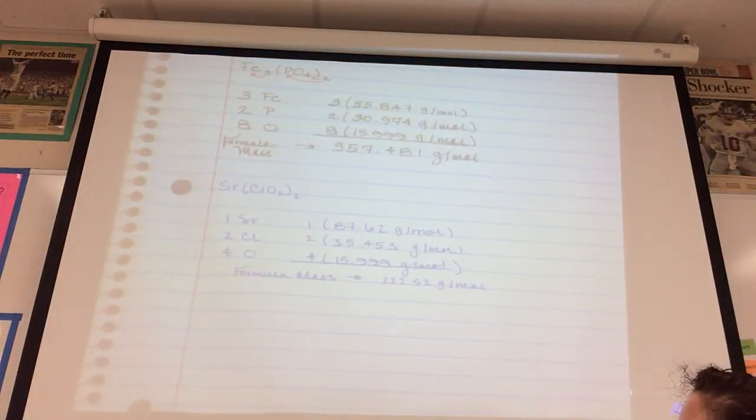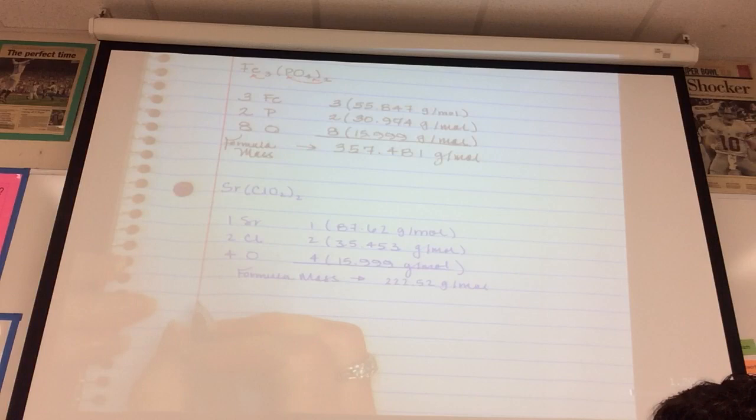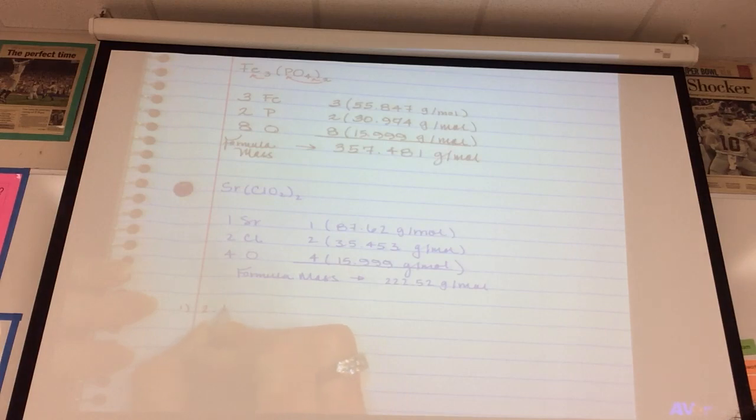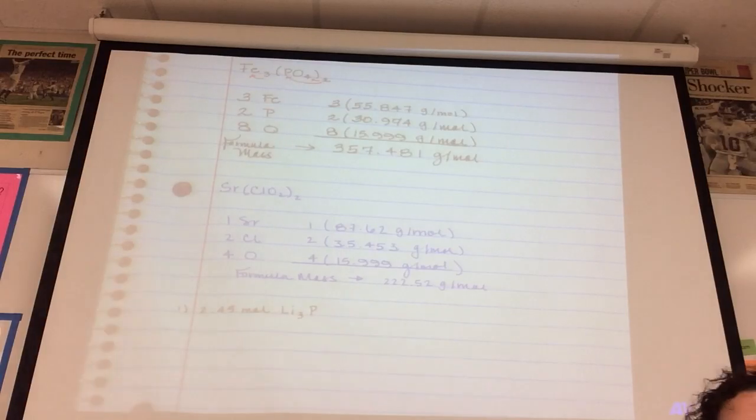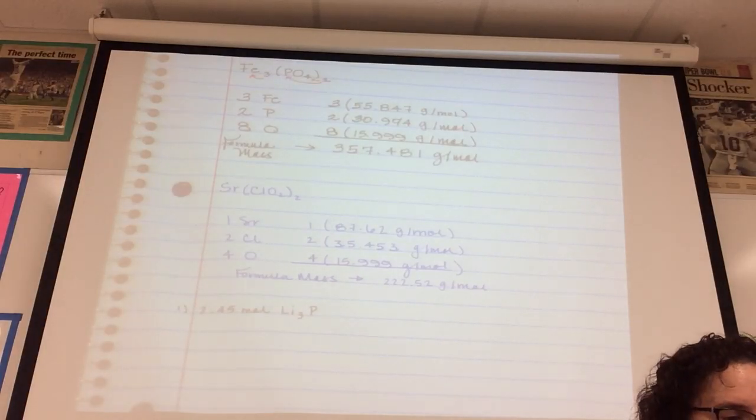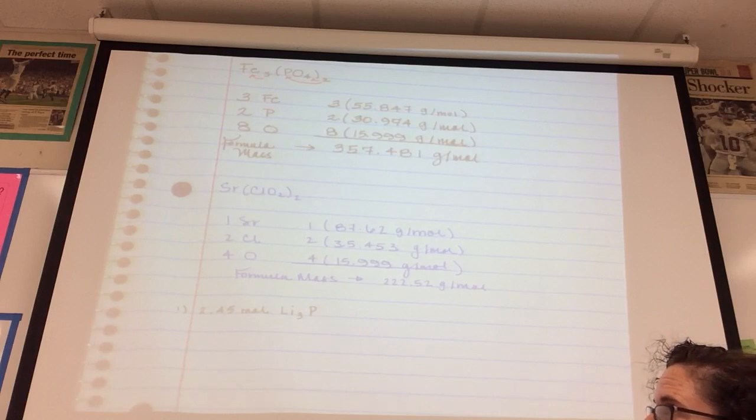So start with the given. We have 2.45 moles of lithium phosphide. You have to be able to formula write, or you're going to have major issues.